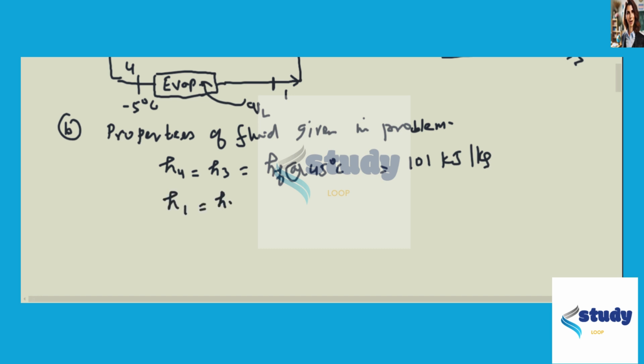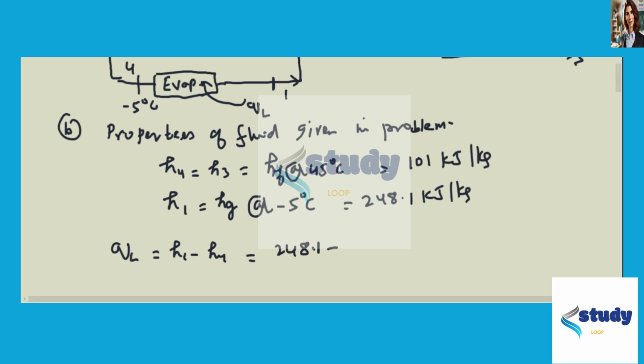H1 is equal to H vapor at minus 5 degrees Celsius, 248.1 kilojoule per kg. The heat absorbed by refrigerant in the evaporator will be H1 minus H4, 248.1 minus 101, that is 147.1 kilojoule per kg.